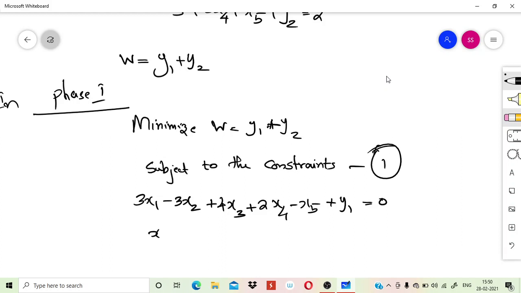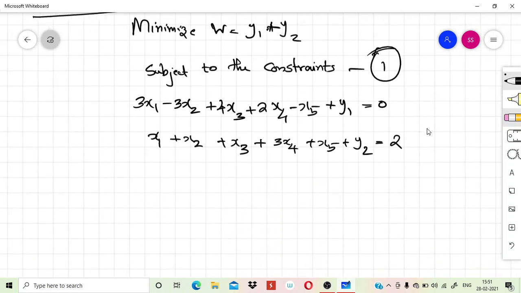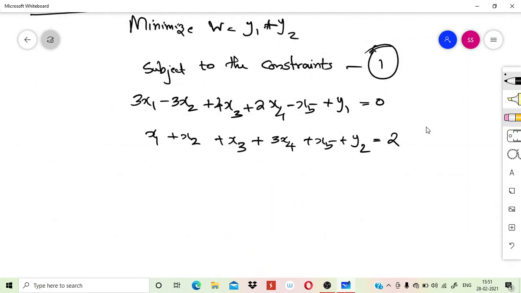And x1 plus x2 plus x3 plus 3x4 plus x5 plus y2 equal to 2. Right. And this is 1.